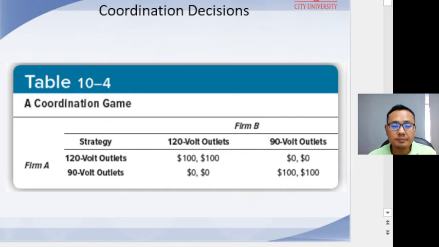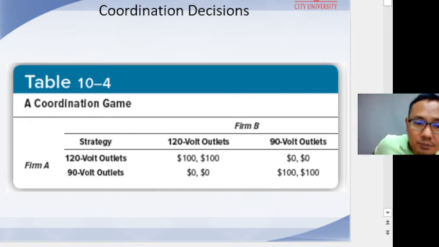Similarly, if each firm produces appliances requiring 90 volt outlets, each firm will also earn $100. However, if the two firms produce appliances requiring different types of outlets, each firm will earn zero profit, due to the lower demand that will result from consumers needing to spend more money wiring their houses.